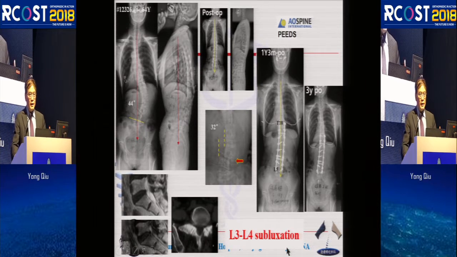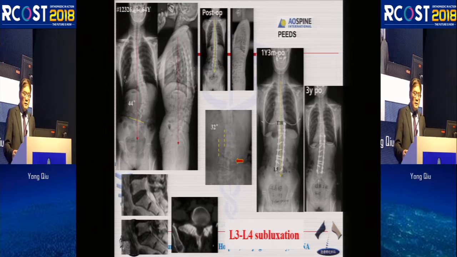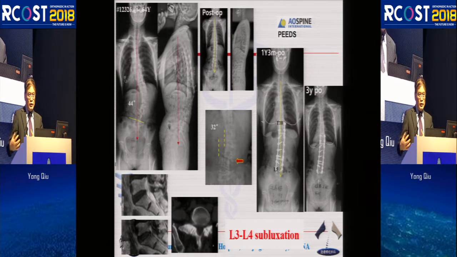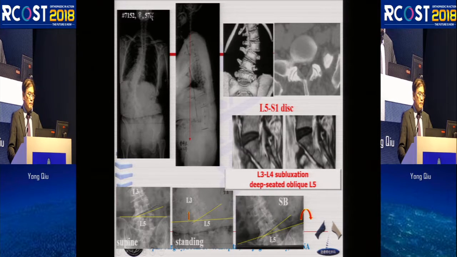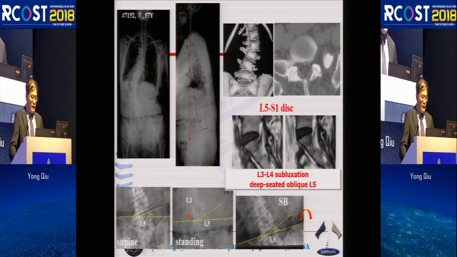So if you have low-level subluxation, try not to stop at L5; try to stop at S1 or, quite often, the pelvis. Look at this patient, 57 years old, degenerative scoliosis, with a very fractional curve that is very rigid.